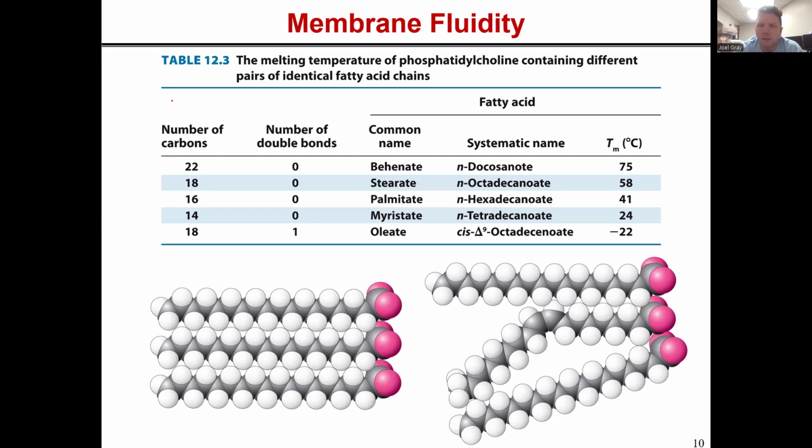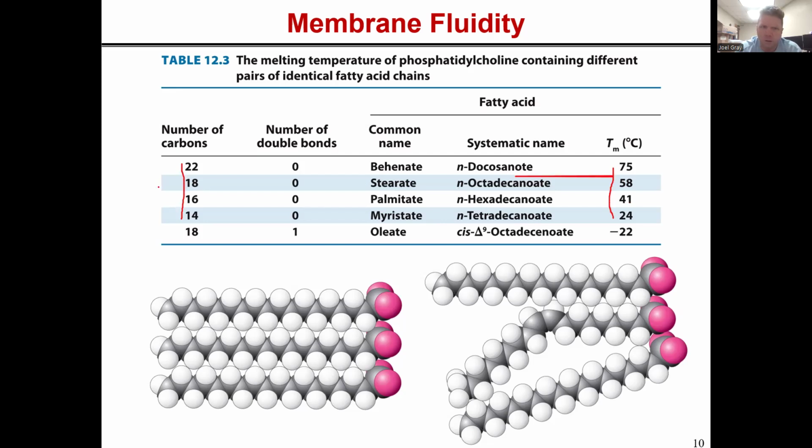So essentially what this means is that you've got a polar head group, and then you've got fatty acids that are 22, 18, 16, 14, and then a monounsaturated fatty acid with 18 carbons. So with one double bond. Okay, so what we see is that whenever the number of carbons decreases from 22 to 14, the melting temperature also decreases.